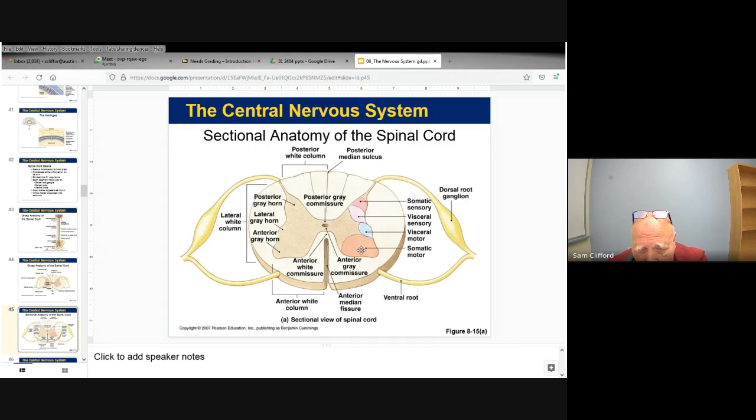All that somatic motor input goes back to the muscles. All of this visceral motor goes through all your automatic functions of the autonomic nervous system, the dilation of your eyes, the secretion of salivary glands, the beat of your heart, the contraction or relaxation of smooth muscle in your blood vessels.